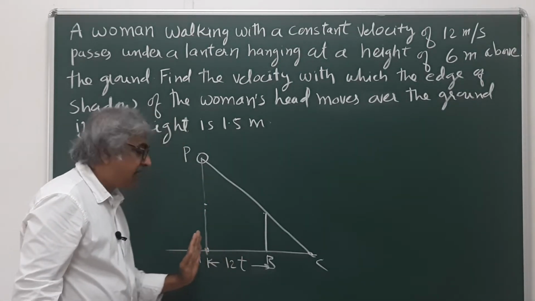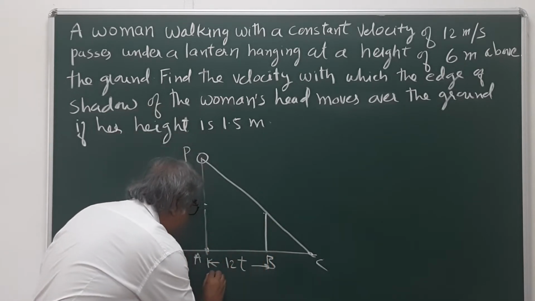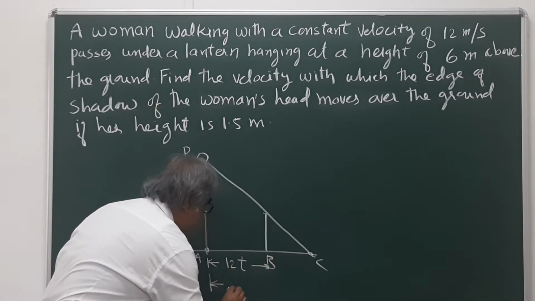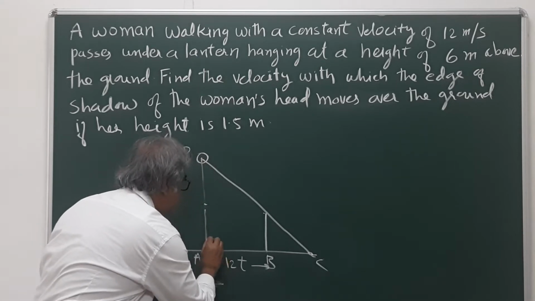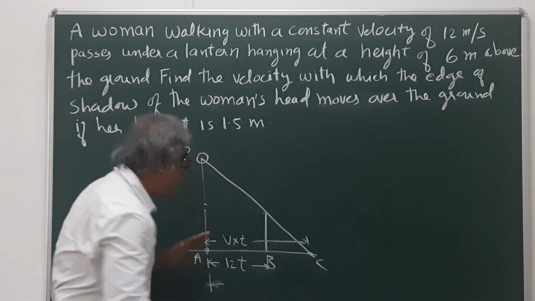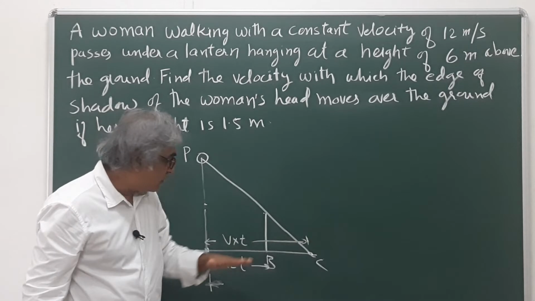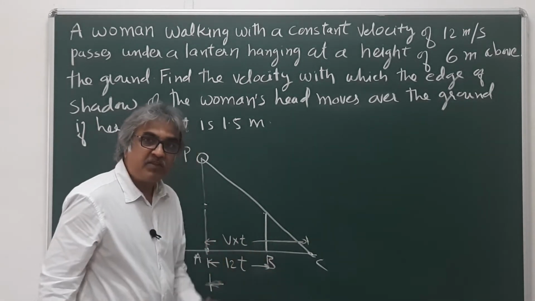Since the time of travel is the same, that is t, the shadow has traveled within the same time this distance, v into t, up to this point. So this is the distance traveled by the shadow, and this is the distance traveled by the woman.